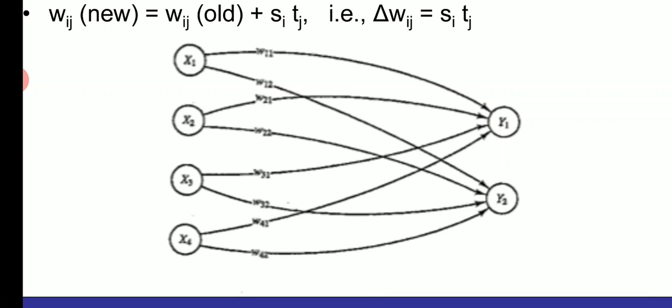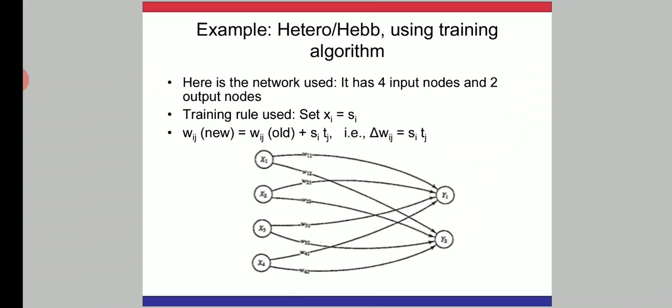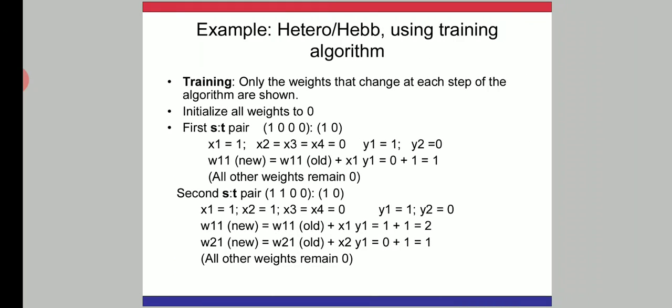W11 connects x1 to y1, W12 connects x1 to y2. Similarly সবগুলো এসেছে, ঠিক আছে। W21 connects x2 to y1. এই রকম ভাবে all the inputs are connected to all the outputs, এবং wij new is wij old plus si tj.